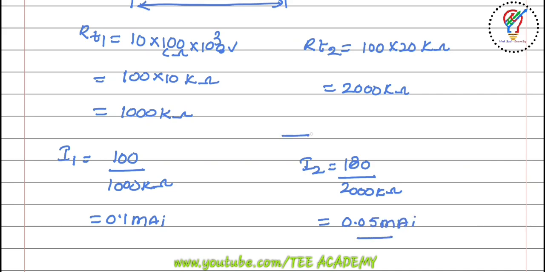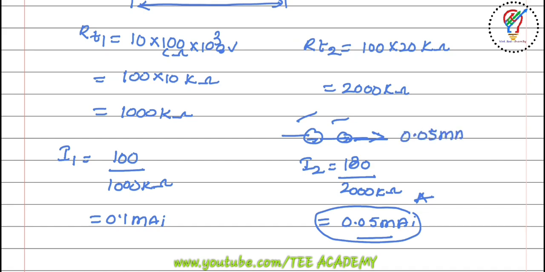When two elements are connected in series, the currents should be the same; they cannot have different values. So the finalized value is that both meters carry the minimum current. That is the main conclusion in that question: 0.05 milliamperes is the entire current. Even though the first meter is capable of carrying 0.1 milliamperes, the second meter carries only 0.05, and the series connection has to obey this rule.